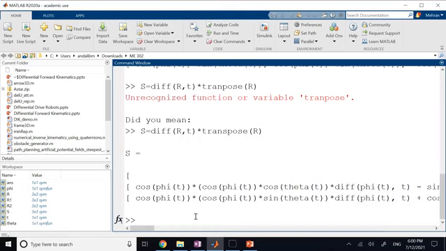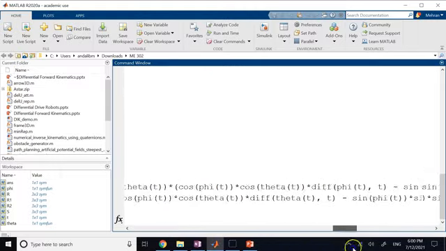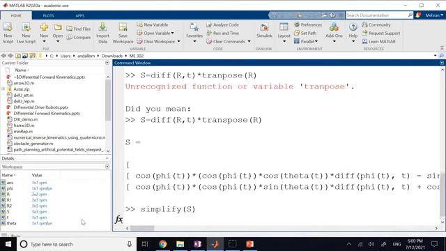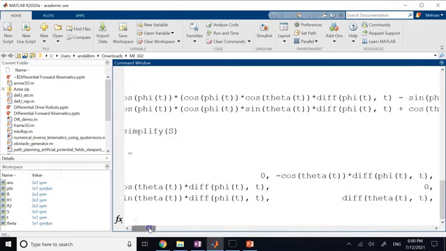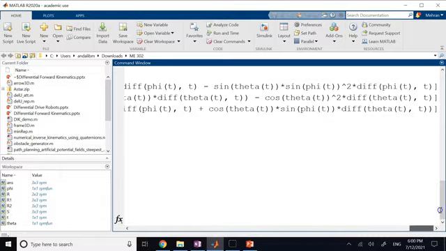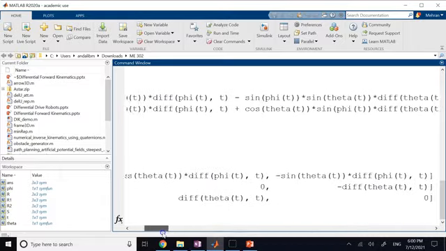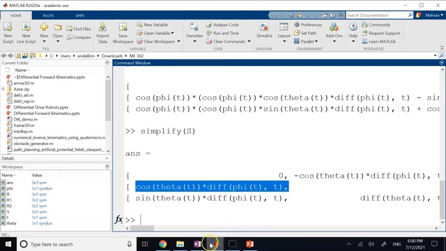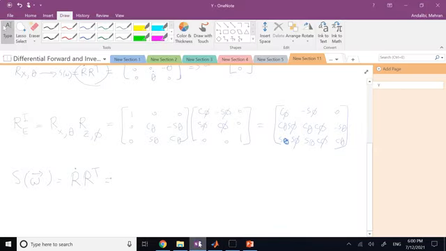Transpose, yes. And this is the result, which is quite large. But then I can ask whether MATLAB can simplify it for me. And I guess it did. Look at that, how big that is compared to this one. Okay, it's way simpler. So it's 0, cosine theta phi dot, 0, cosine theta phi dot.